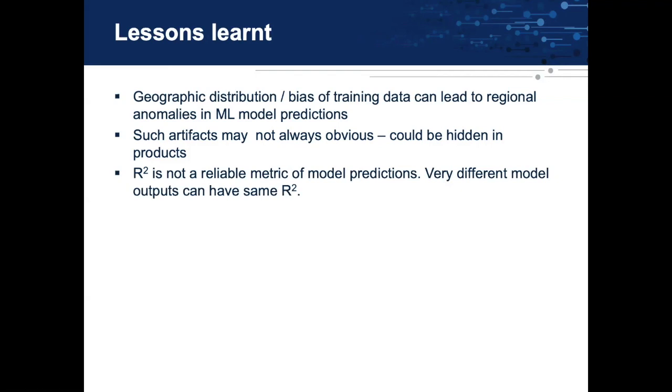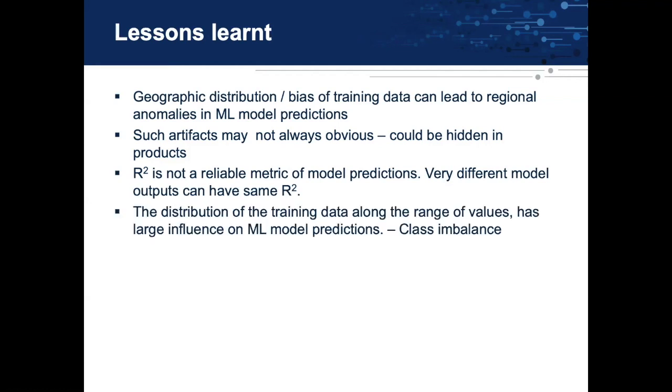R-square is not really a very reliable metric of model predictions, and you can have very different models with the same R-square. You have to interrogate your model outputs. The distribution of your training data along the range of the values has a very large influence on your machine learning predictions. Class imbalance, you're very familiar with that.